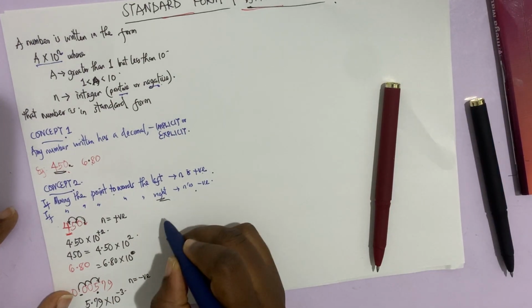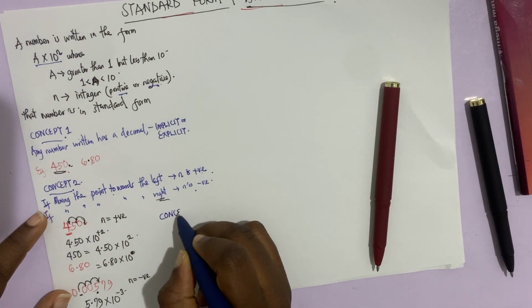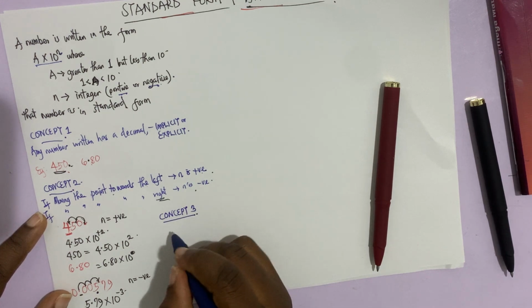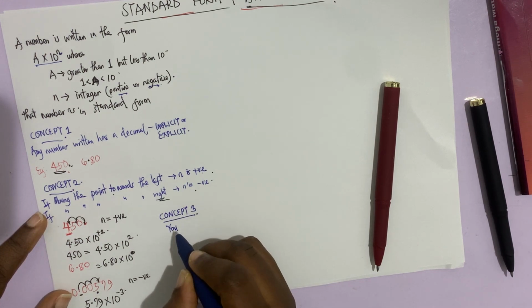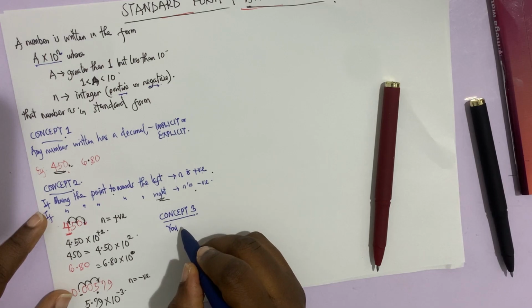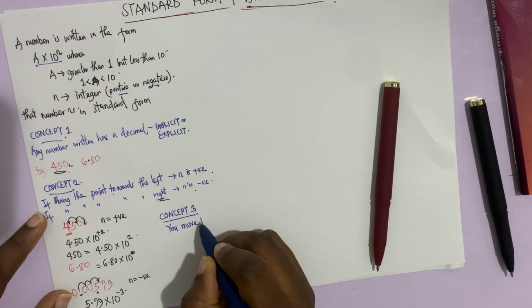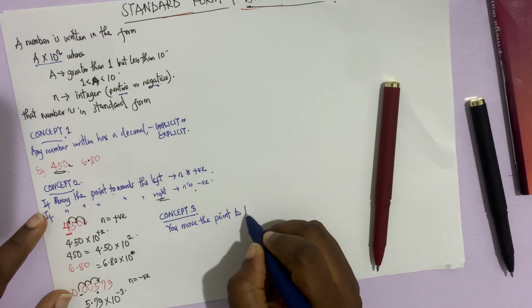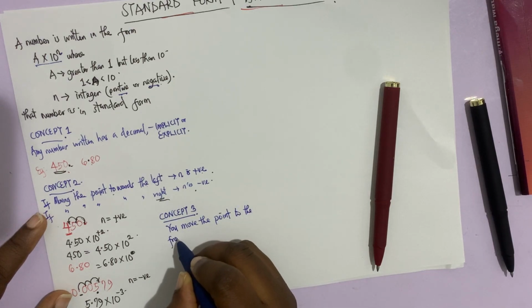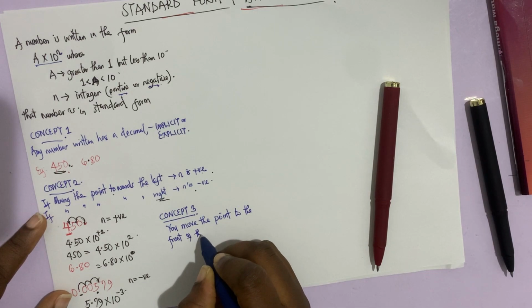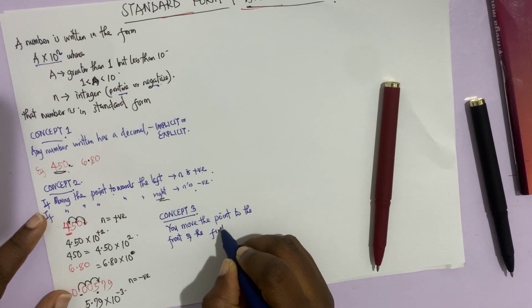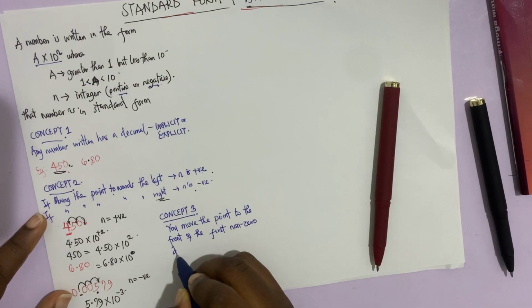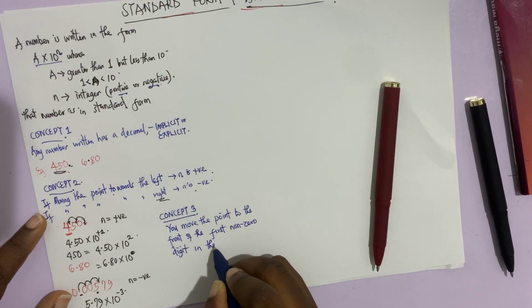The final concept that I mentioned while I was explaining the examples, to put it into context, is that for a number to be in standard form, you have to move the point, explicit or implicit, to the front of the first non-zero digit in the number.